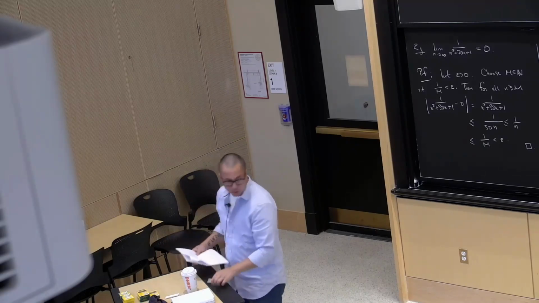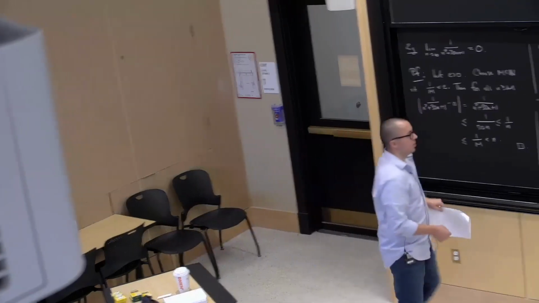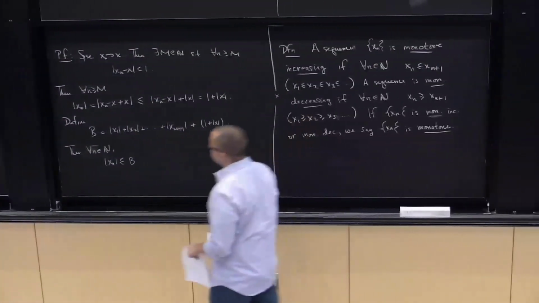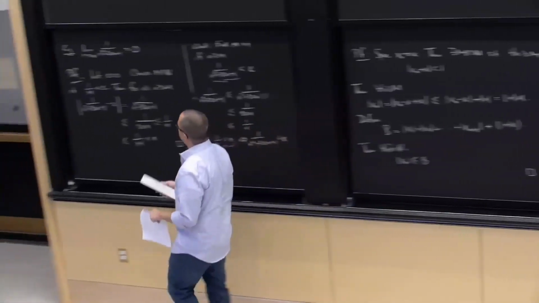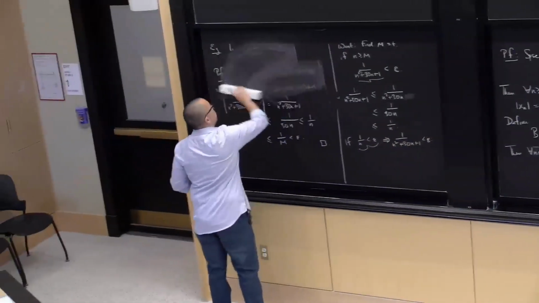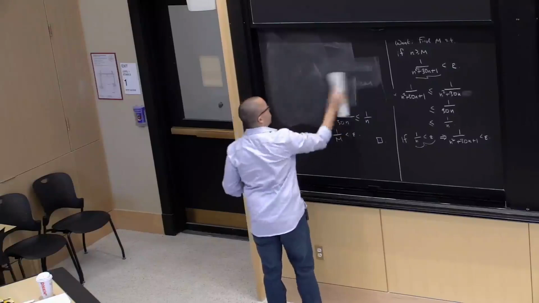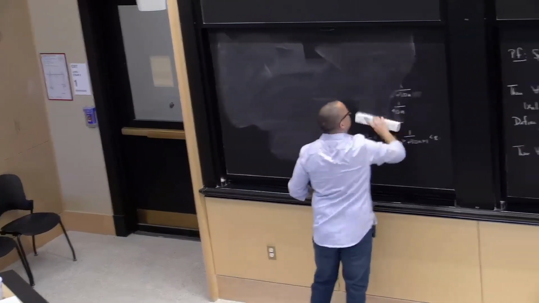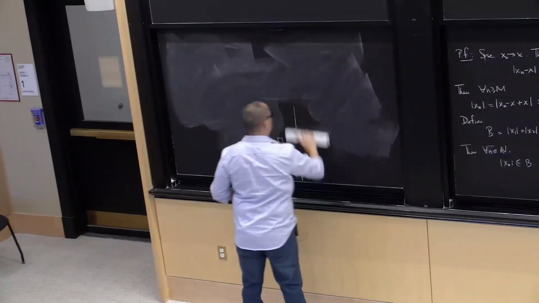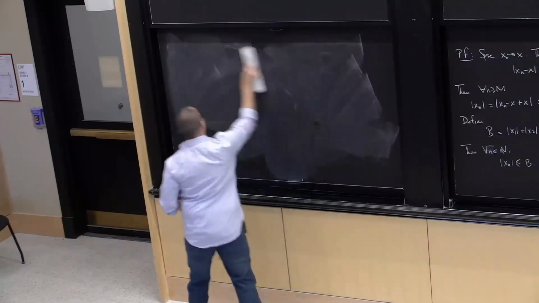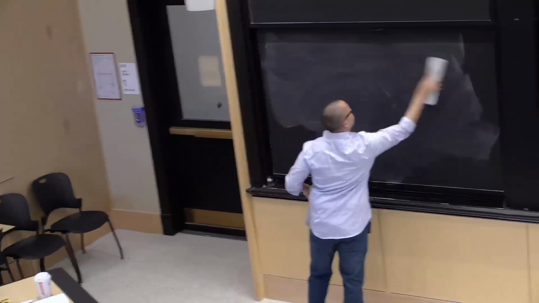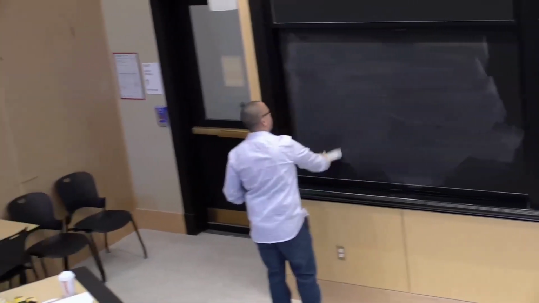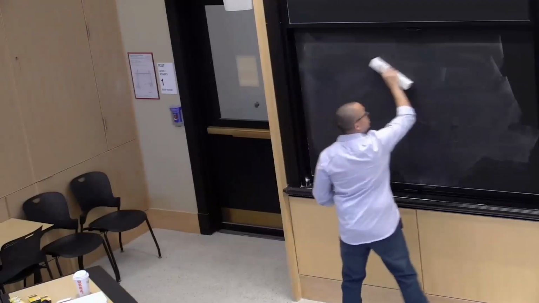So let's use this real quick to prove the limit of a little bit more interesting sequence than 1 over n, which is reasonably interesting, I guess, but typically in math we just don't prove theorems for the sake of proving theorems.